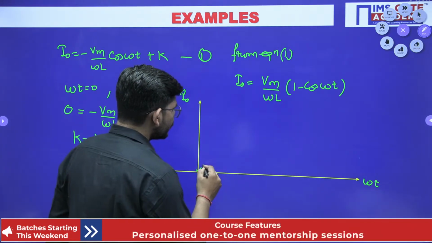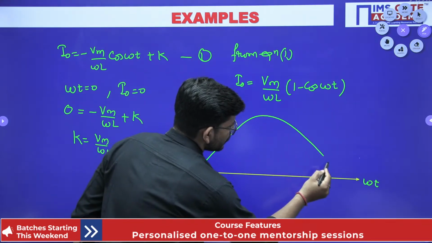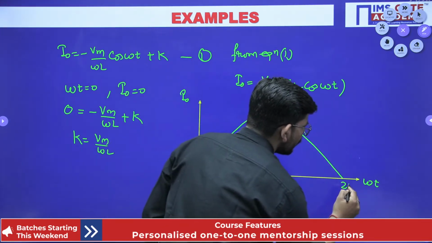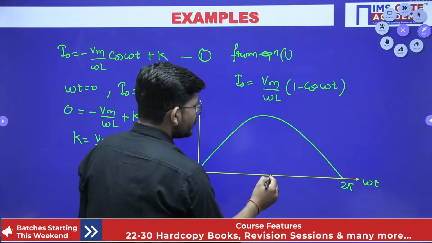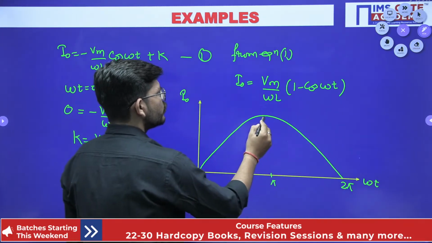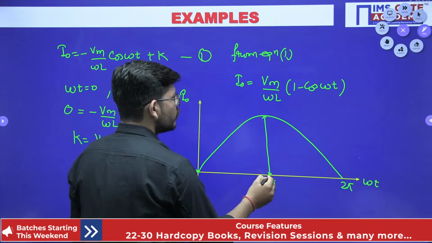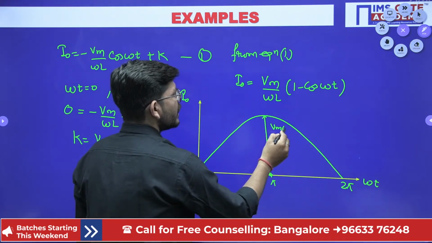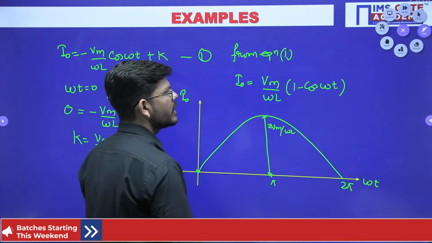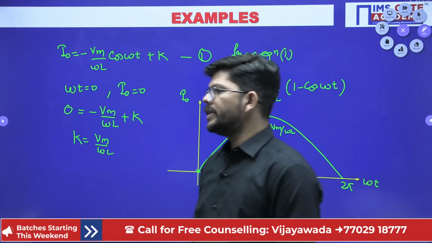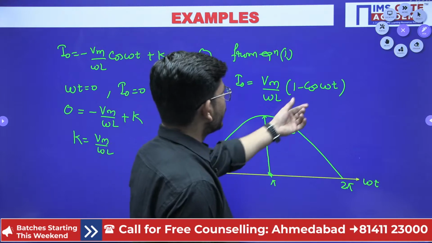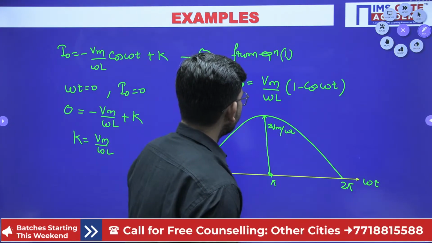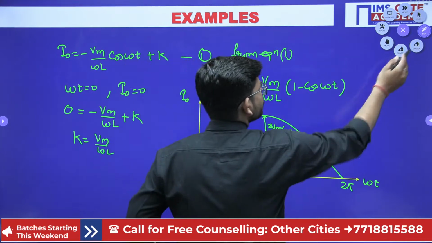If I plot this, I get this shape, with value 0 at 0 and 2 pi, and at pi the value is 2 Vm by omega L, which is the maximum value of it. If we put omega t equals to pi, cos pi is minus 1, so we get 2 Vm by omega L, the maximum value.